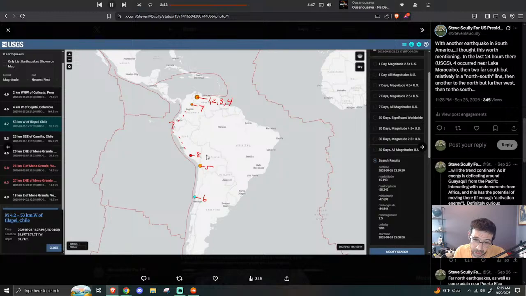Then I said 1, 2, 3, 4 after the Lake Maracaibo, and then the next quakes in South America were 5, 6, which I noticed at the time were generally north-south in line with them. And then 7, 8 shifted over and inward, which I saw happening with Kamchatka related stuff when looking at earthquakes there, but they were actually doing the opposite, where they started here and moved outward.